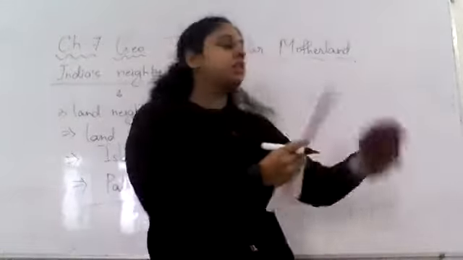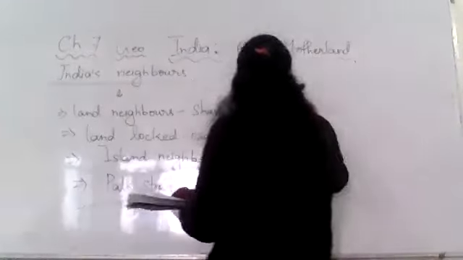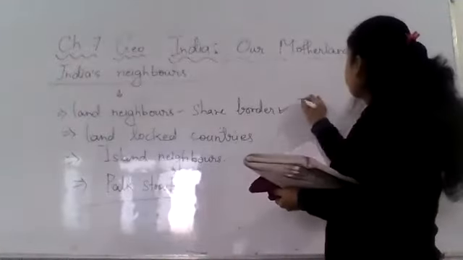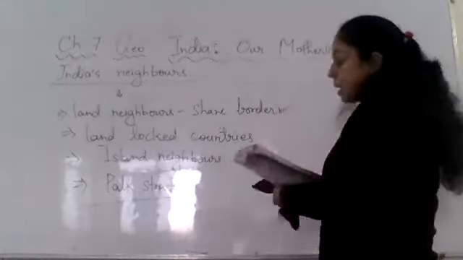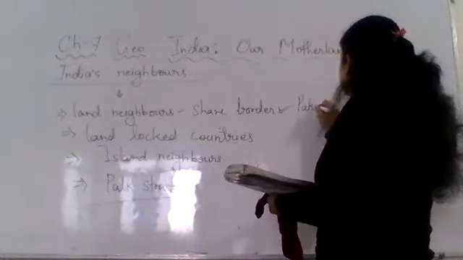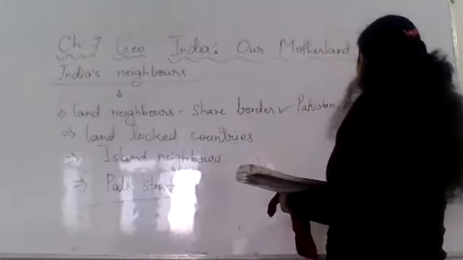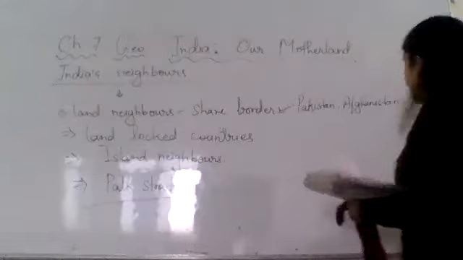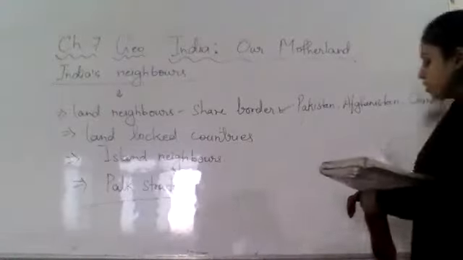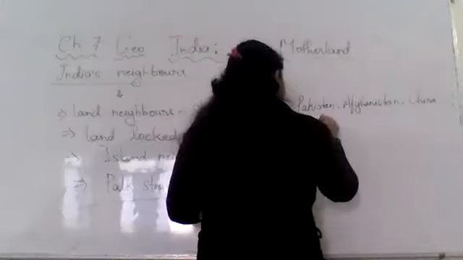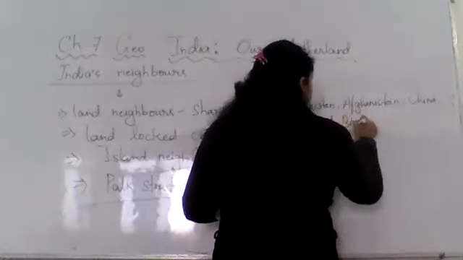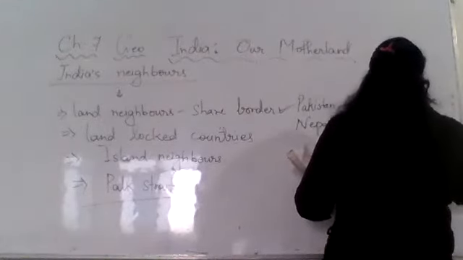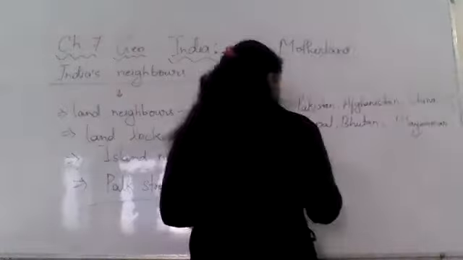So first, start with land neighbors, with whom we share our border. In that you have India also. Pakistan, then you have Afghanistan, then you have China, then Nepal, then Bhutan, then you have Myanmar, Bangladesh.